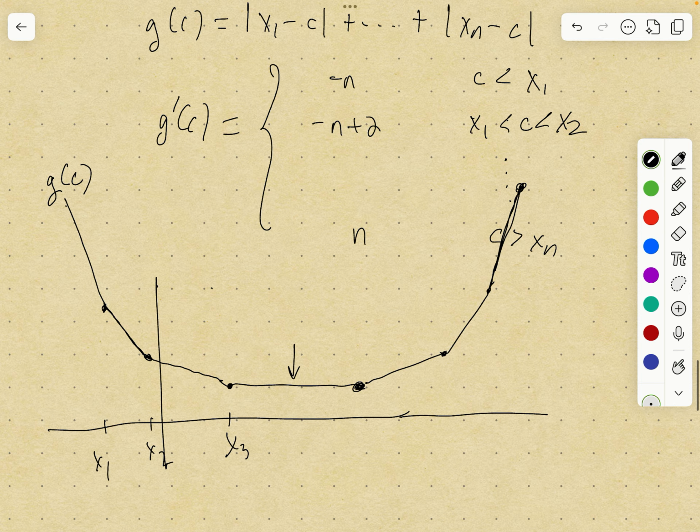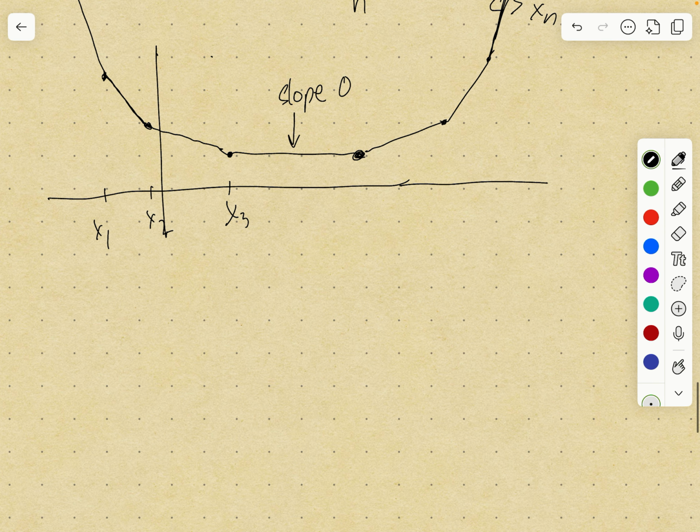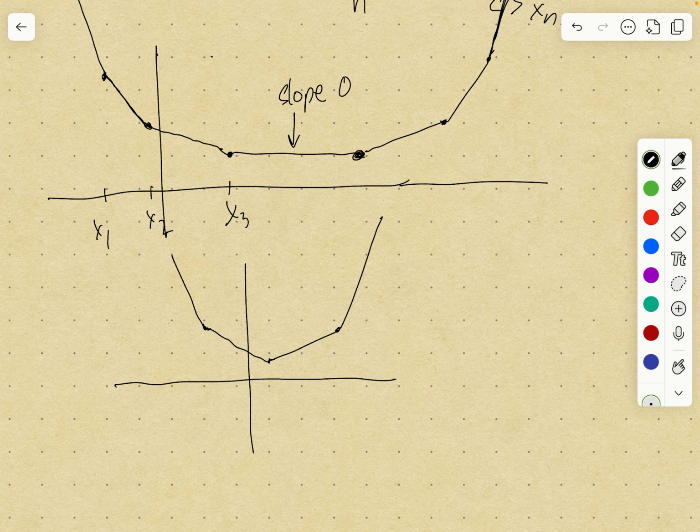So at some point, it's going to have a slope of 0, unless you had something where it just went from negative to positive. For instance, you could have something like this, a negative slope, and then a positive slope.